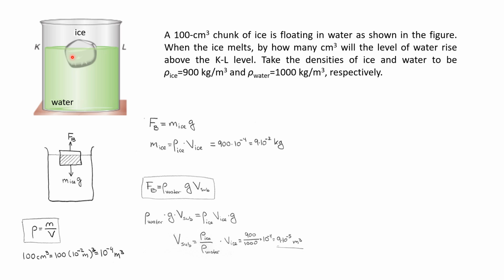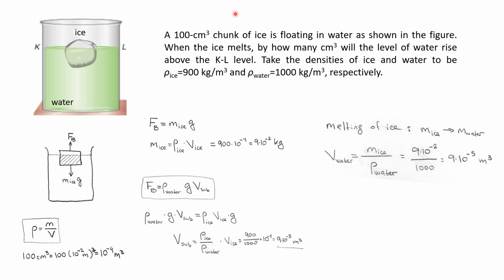Now, what happens when the ice melts? It fully turns into water. So we're going to consider the case when all the ice, the mass of the ice, goes into water. We know that the mass of the ice is 9 times 10 to the minus 2 kg.